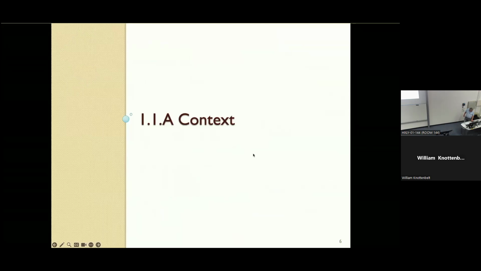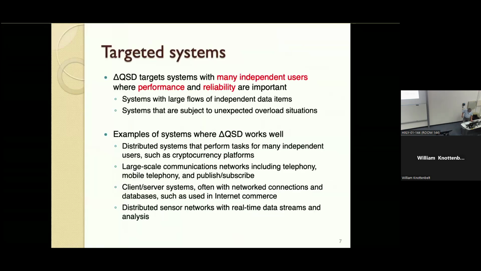Okay, introduction. First I want to get a little bit of context on what the whole approach is about and what kind of systems we're targeting. We're typically targeting large systems with many independent users where performance and reliability are very important. For example, systems that have large flows of independent data items subjected to unexpected overload.